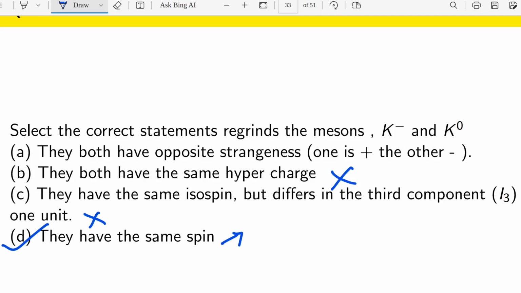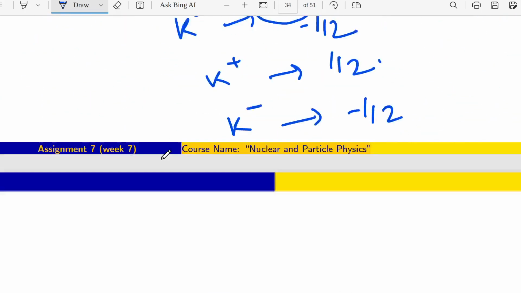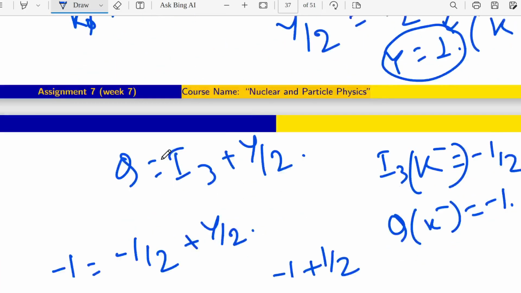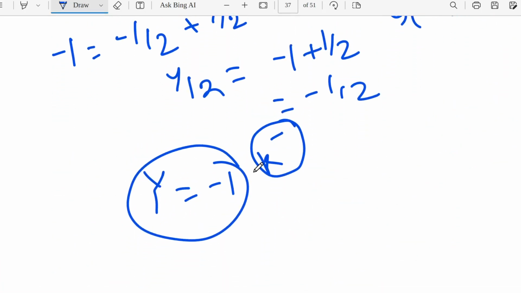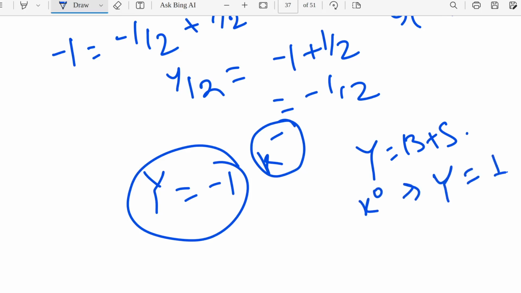Now coming to the first option, they both have opposite strangeness. One is positive and the other is negative. So we have to calculate whether it is correct or not. You can see from this expression that Y is B plus S, right? We all know that. Now for K0, Y is 1.